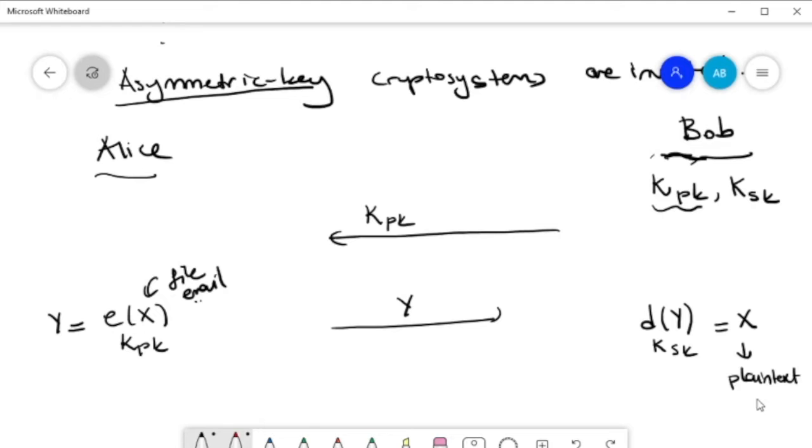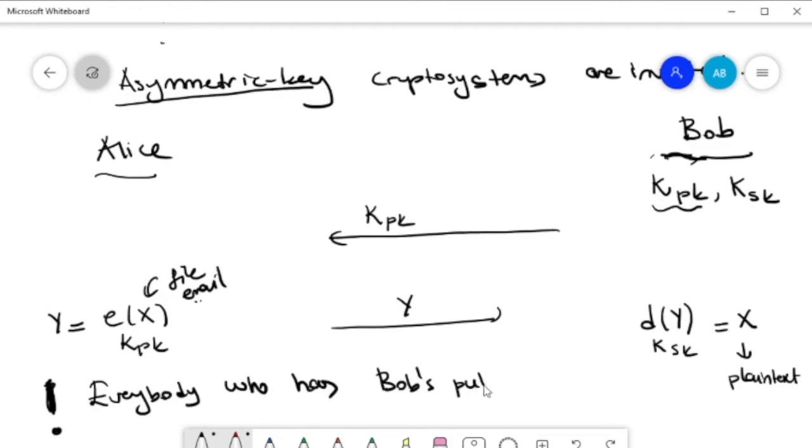So what is important here? In asymmetric key cryptosystems, everybody who has Bob's public key can encrypt.